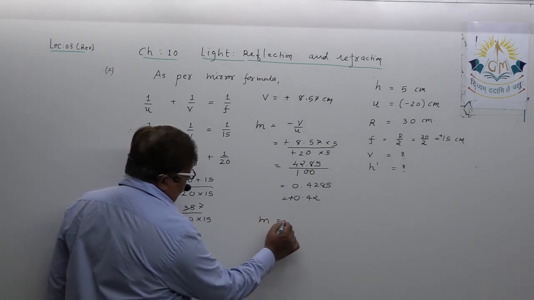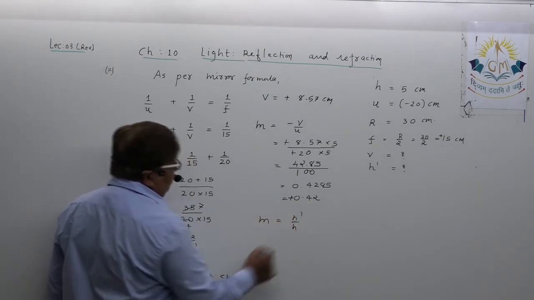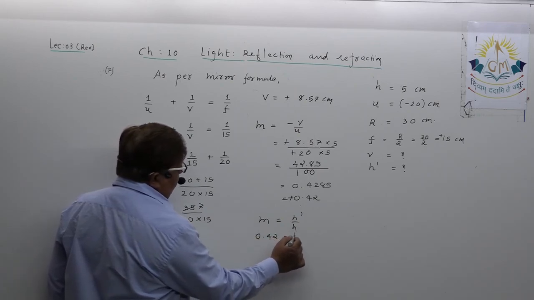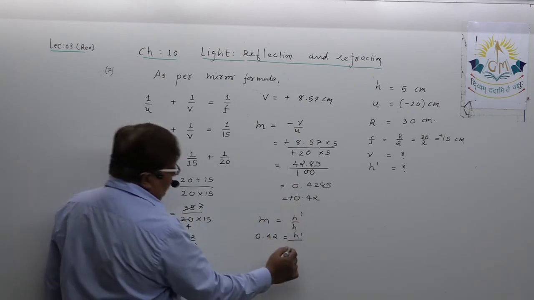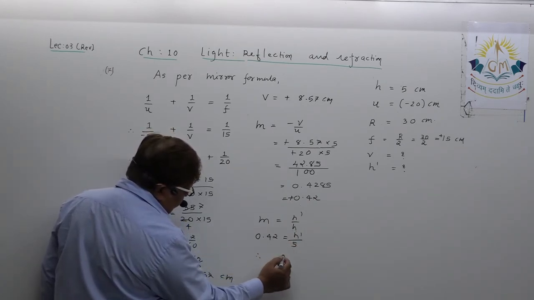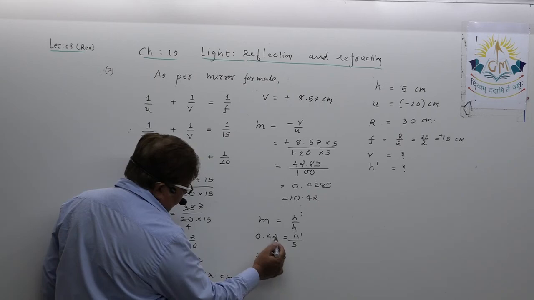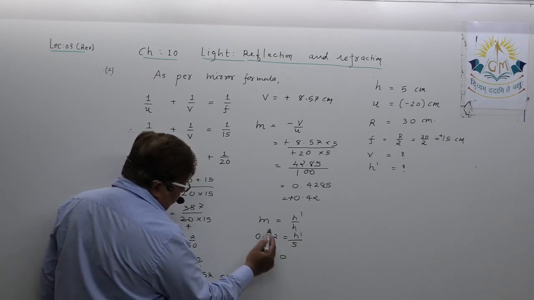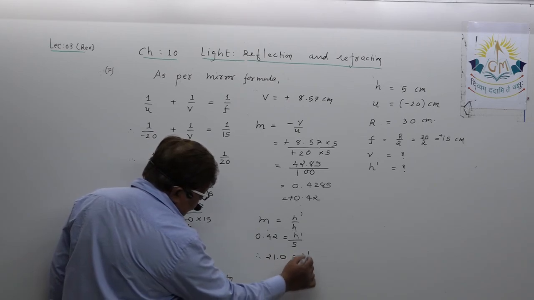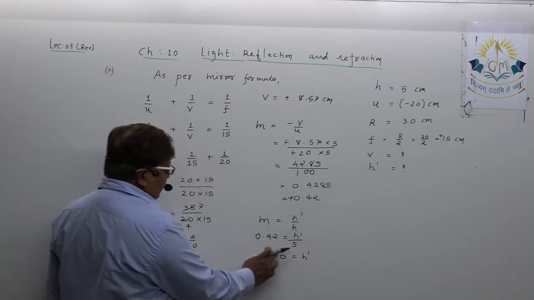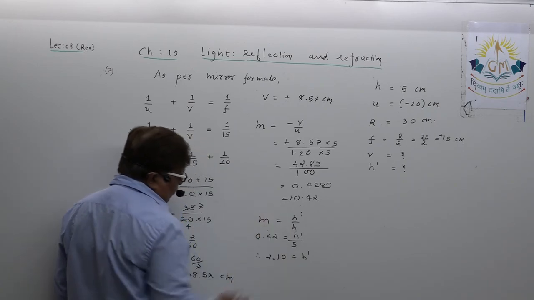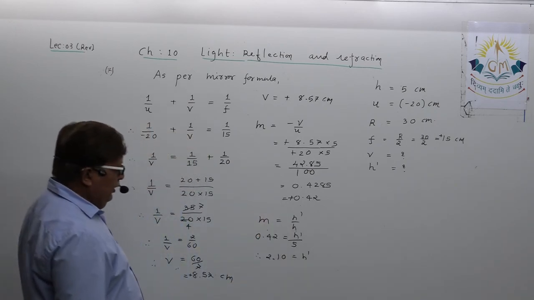M equals H dash upon H. 0.42 equals H dash upon 5, H has been given 5. Just cross multiply. 5 twos are 10, 5 4s are 20, 21.0, well, 2.10 equals H dash.